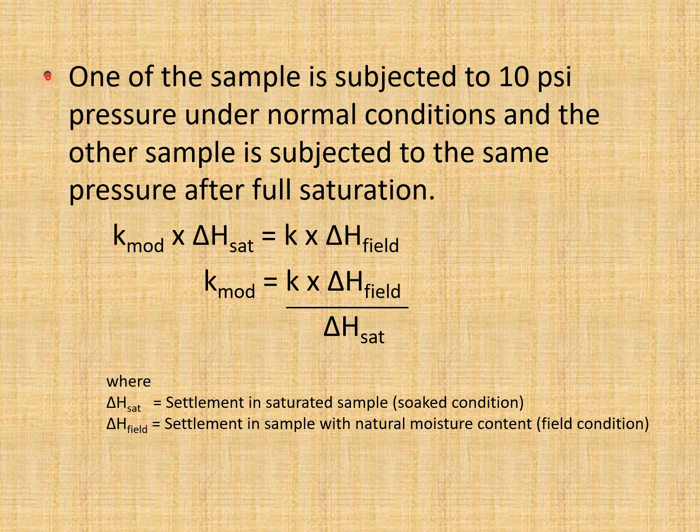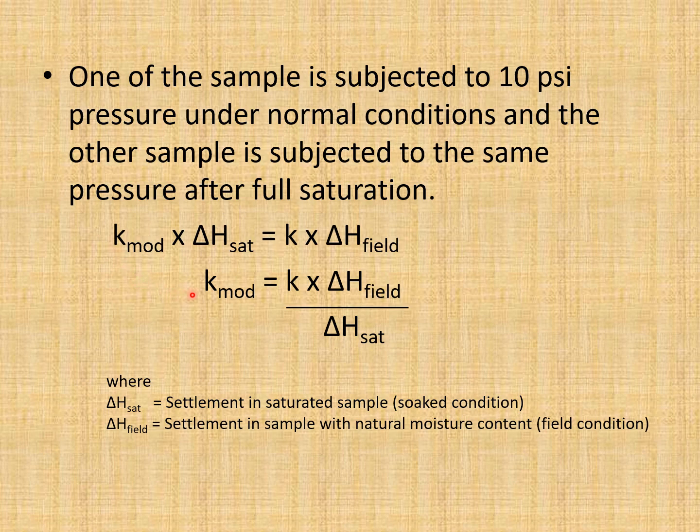So as we are maintaining 10 psi pressure, it means the product of modulus of subgrade reaction and the settlement is equal to a constant. So considering this concept, we can write this equation: K modified into delta H saturated equals K multiplied by delta H field.